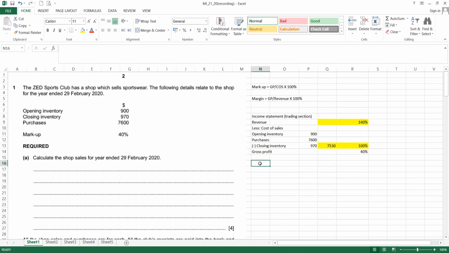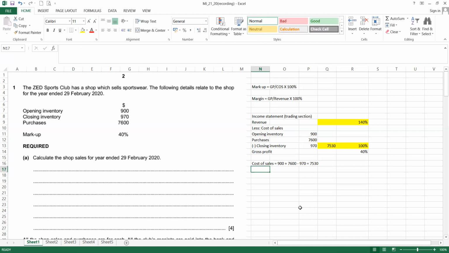Or another way is to use the calculation method. You put in cost of sales equals 900 plus 7,600 minus 970, equal to 7,530. This is the cost of sales.